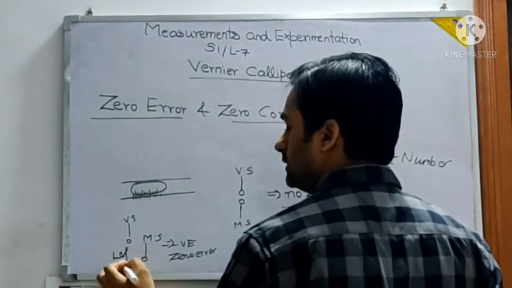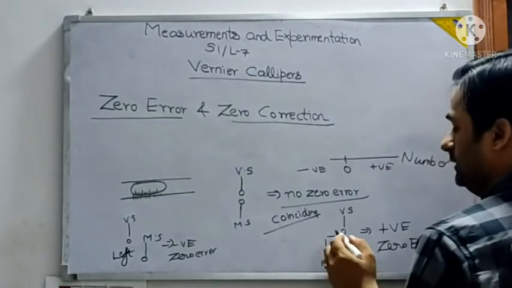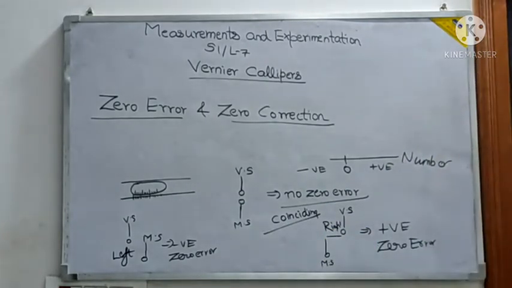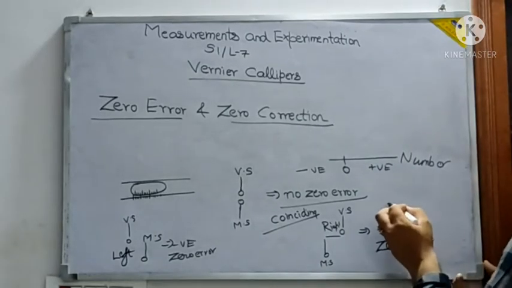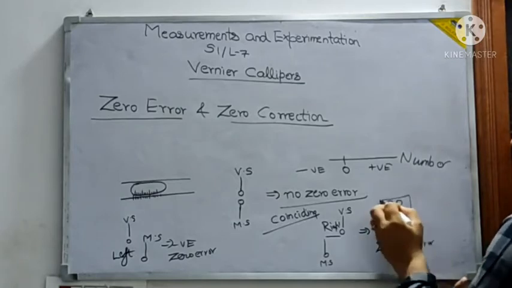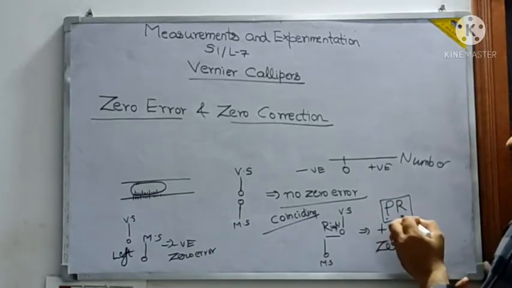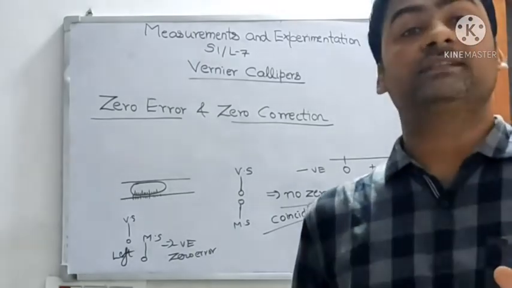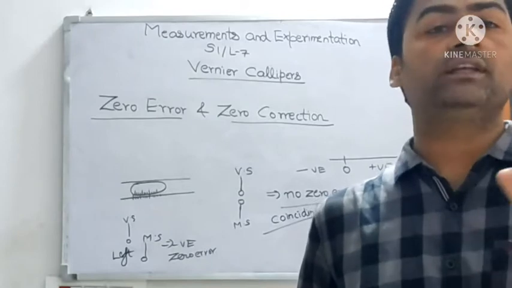So left, this is right. Okay. Or you can remember one trick, PR. PR stands for Positive zero error when the vernier is Right. And see, the main scale is fixed, only the vernier scale moves.